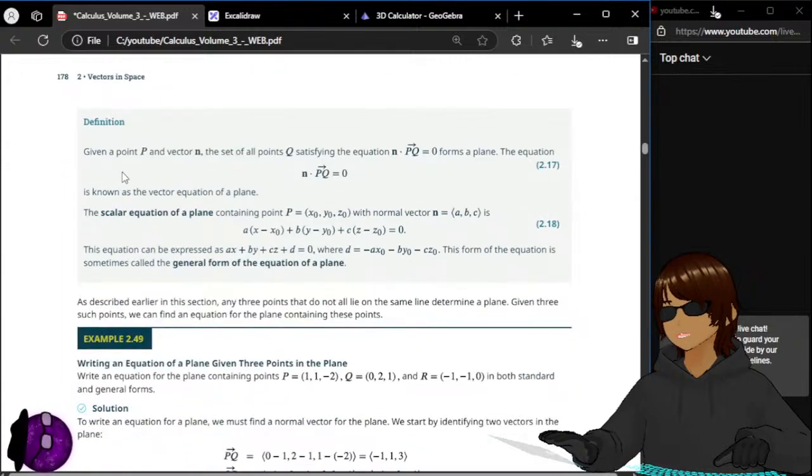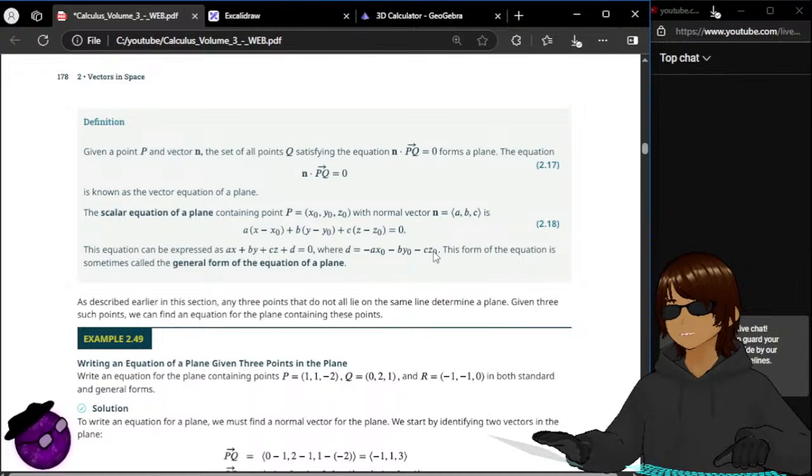Given a point P and a vector n, the set of all points Q satisfying this equation forms a plane. The equation is known as the vector equation of a plane. The scalar equation of a plane containing point P with a normal vector n is this. This expression can be expressed as ax plus by plus cz plus d is equal to 0. This form of the equation is sometimes called the general form of the equation.